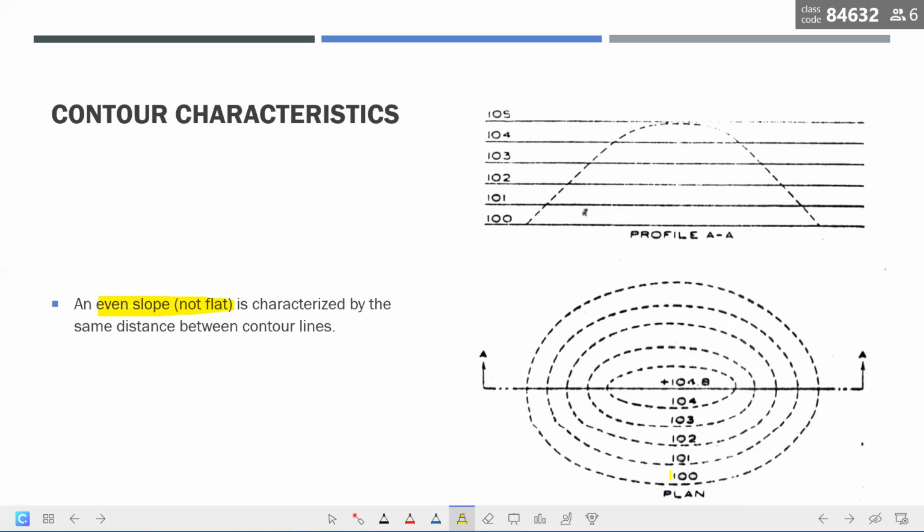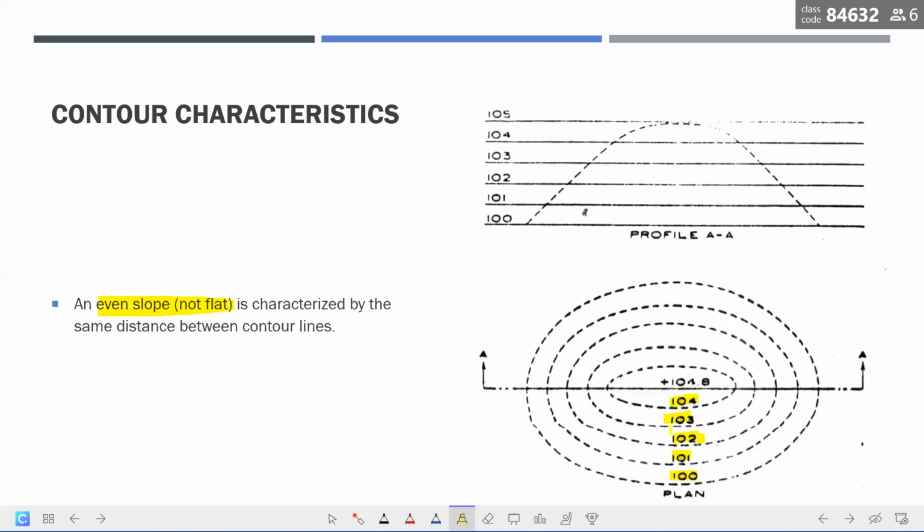So here you see an illustration of an even slope with, let's just say, a 1 meter interval. So 100, 101, 102, 103, 104.